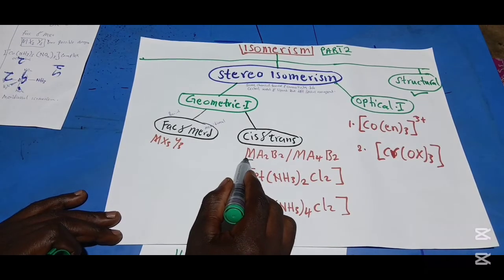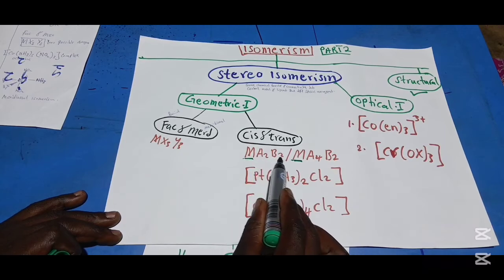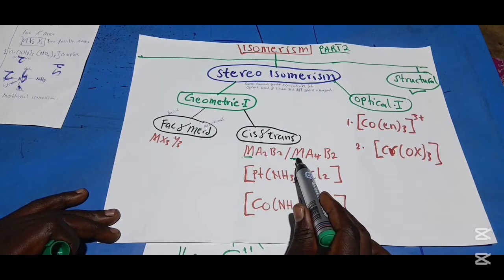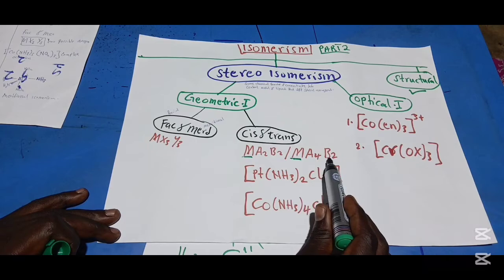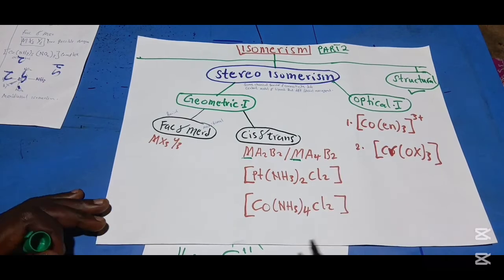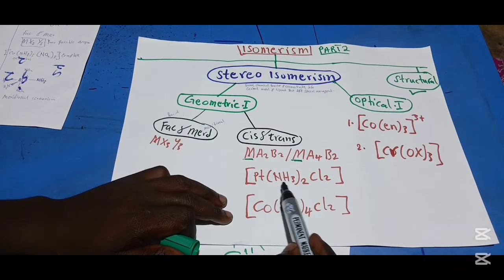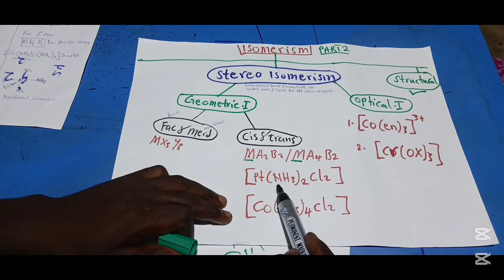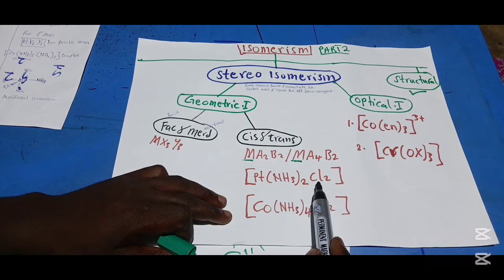Assuming this is a metal atom, the central atom is bonded to 2 of ligand A and 2 of ligand B. Or we can have another situation where our central metal is bonded to 4 of ligand A and 2 of ligand B. A typical example is platinum with 2 of ammonia and 2 of chlorine. So this complex is definitely going to exhibit cis and trans isomerism.